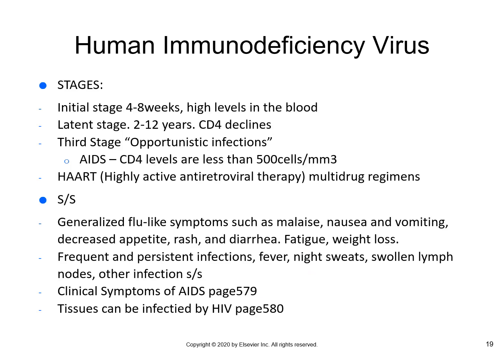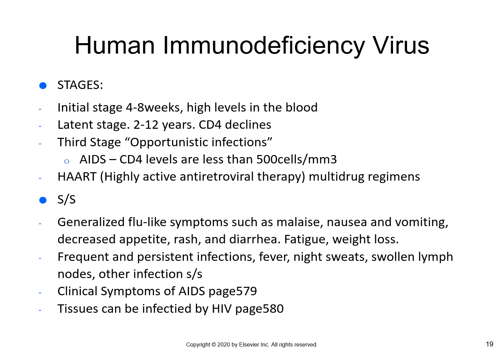So stages of HIV: you have the initial, the latent, and the third stage, when there are opportunistic infections already. The initial stage is 4 to 8 weeks, and there will be high levels of this virus in the blood.